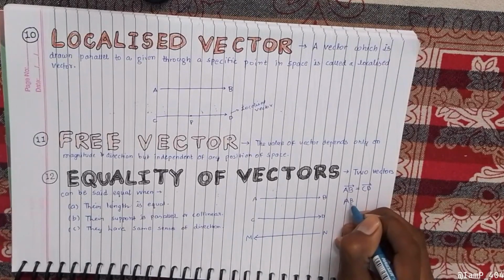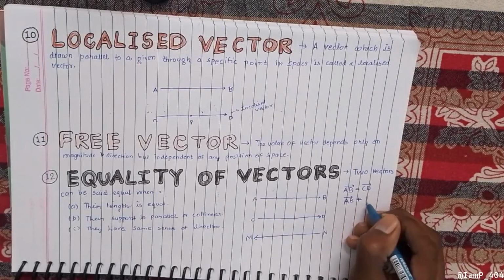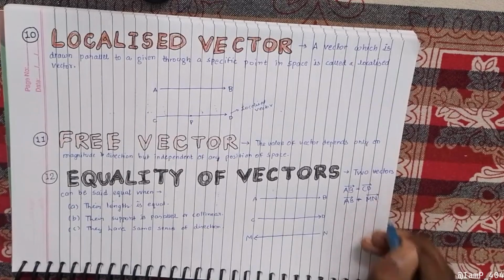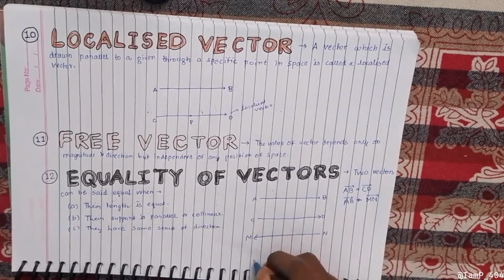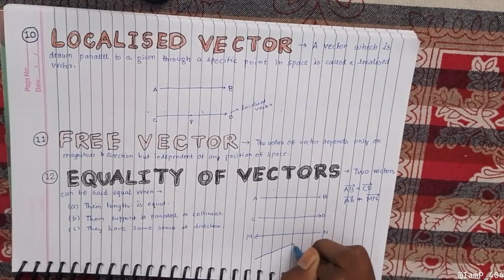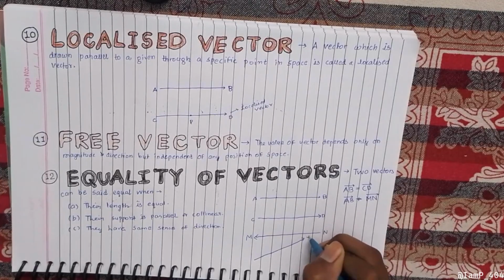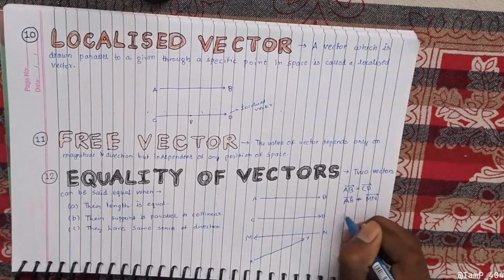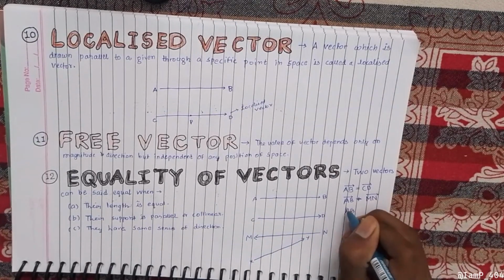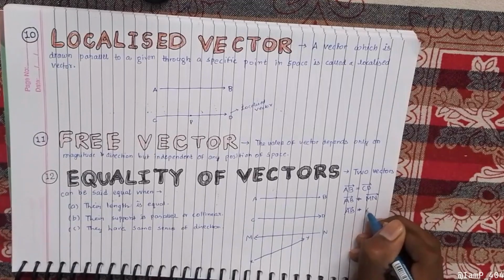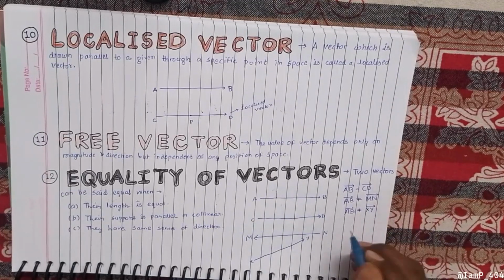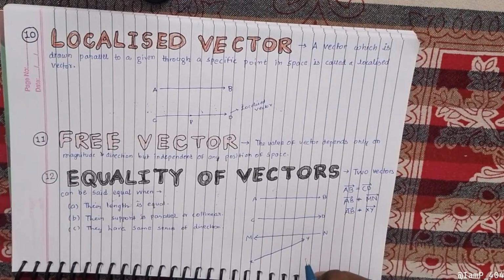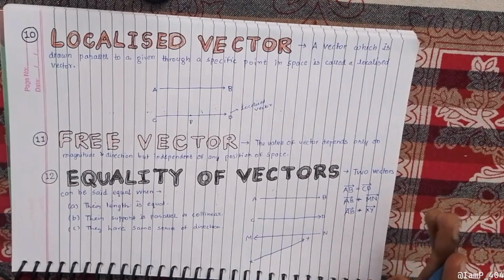Vector AB is not equal to vector MN. And another like this: vector AB is not equal to vector XY, because they do not have the same sense of direction.